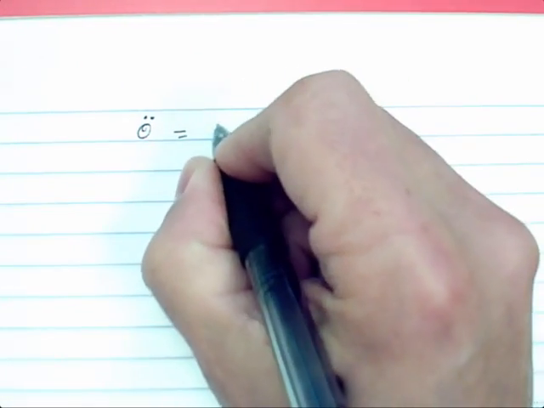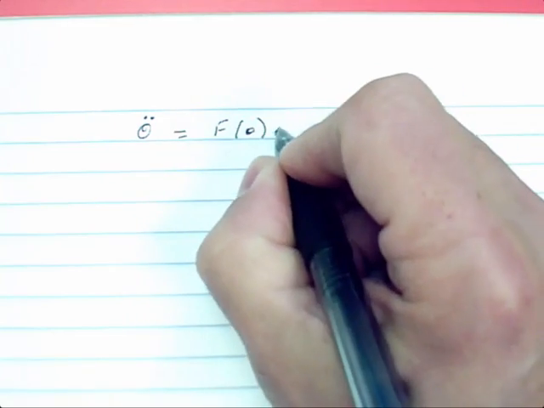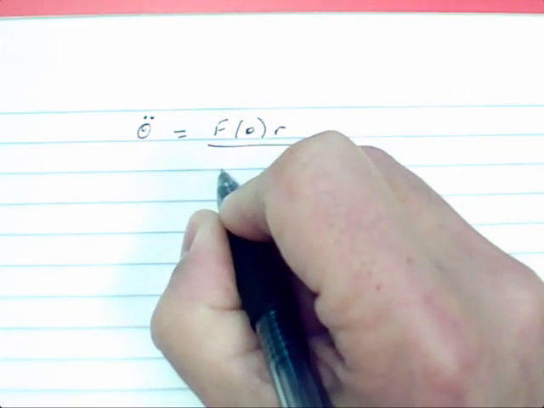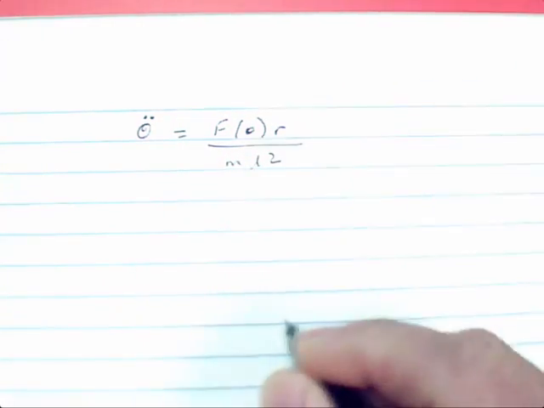So now you can lump this equation. My dynamics equation is going to look something like theta double dot equals the force proportional to theta times r divided by ml squared.